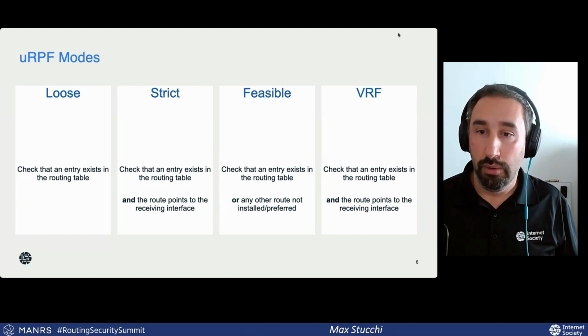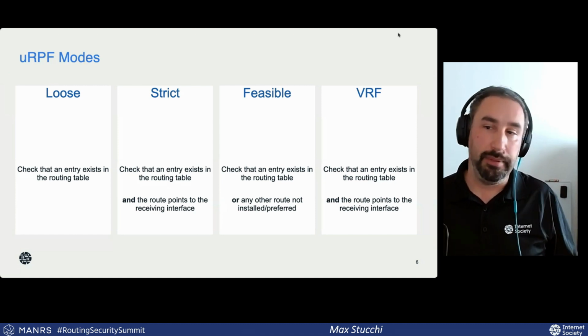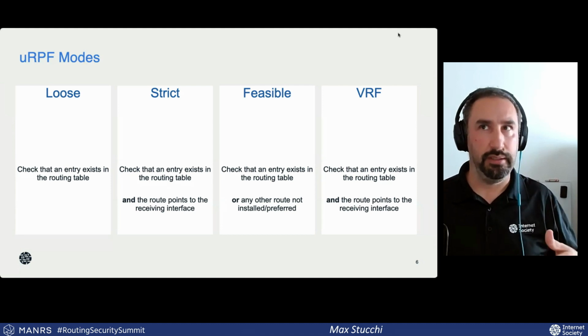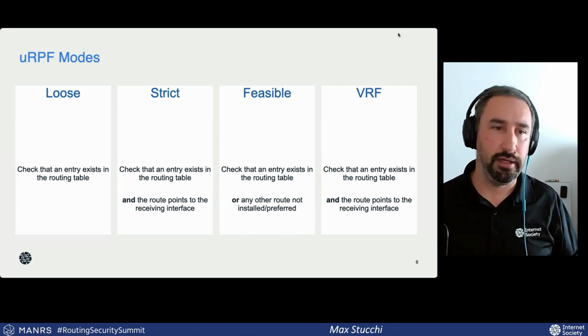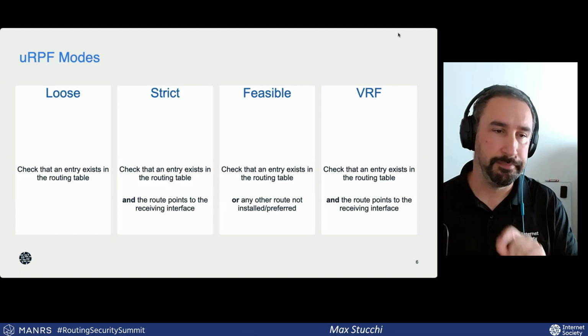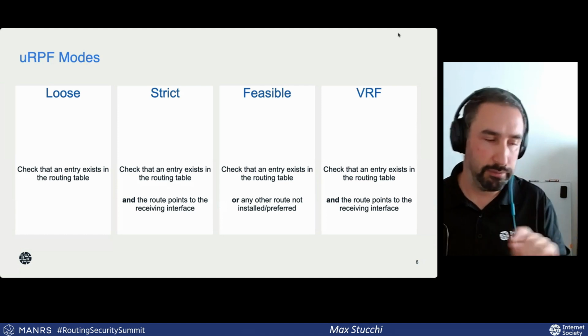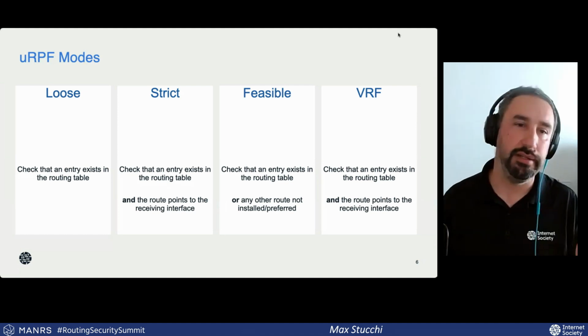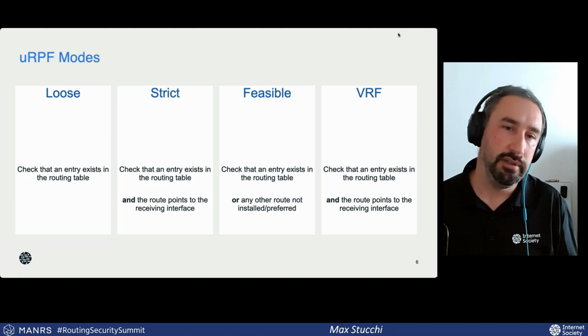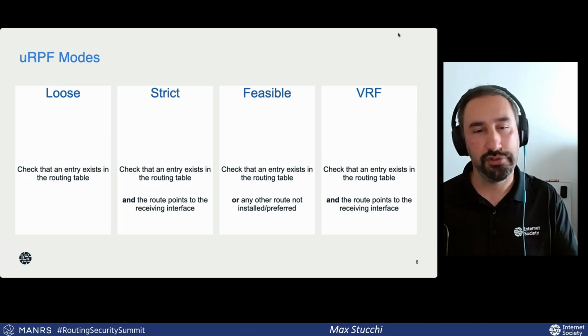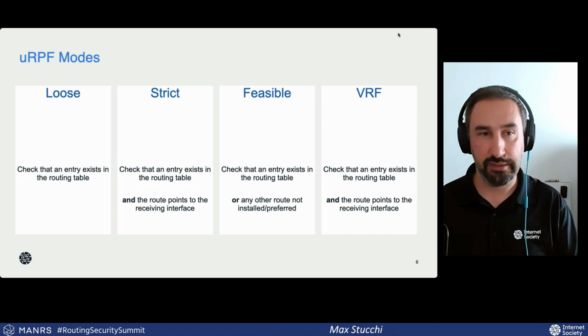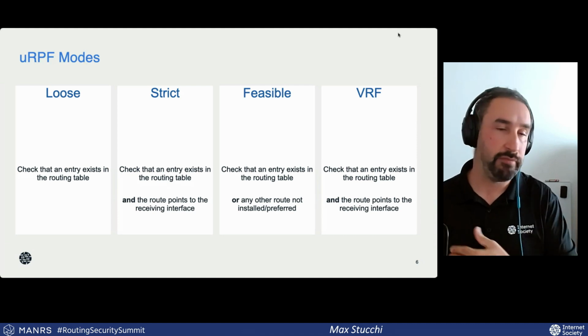So with this, many people have asked in the past, okay, I've tried enabling RPF on my routers. How shall I do this? The recommendation that generally comes is to enable strict RPF towards your customers, and that's it.